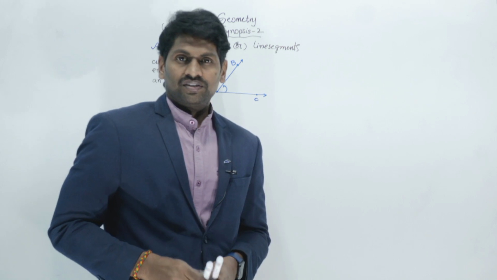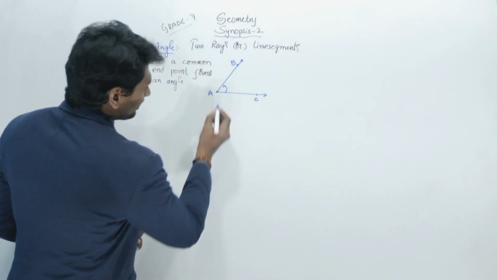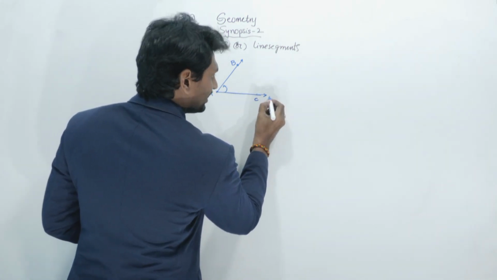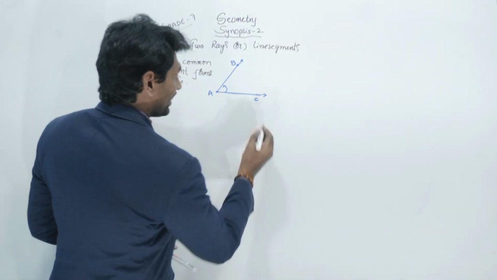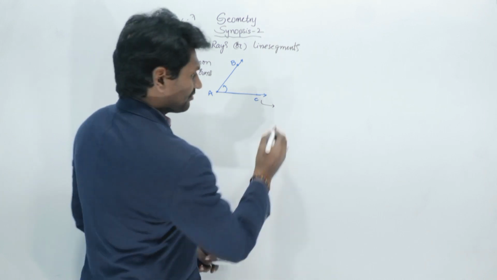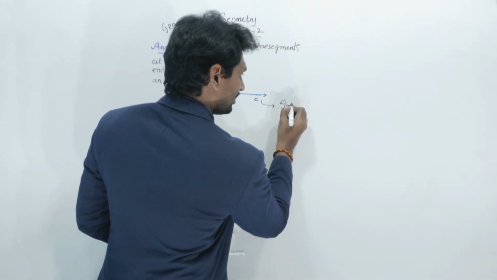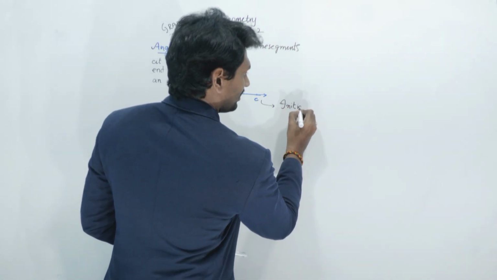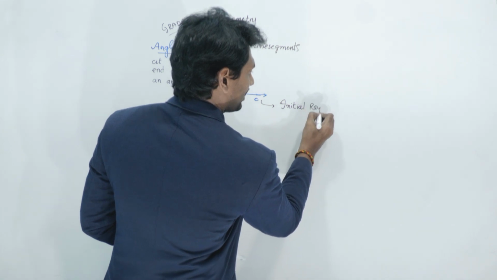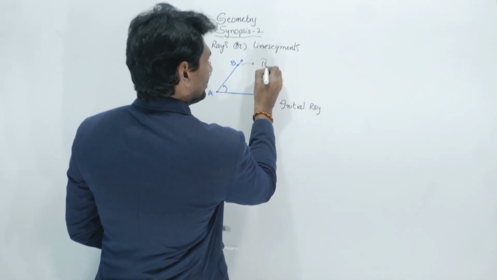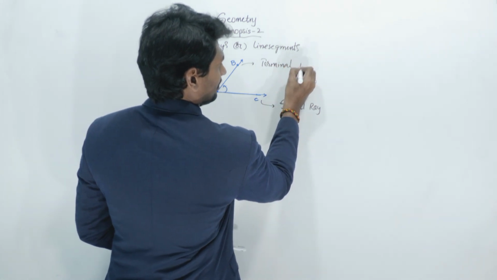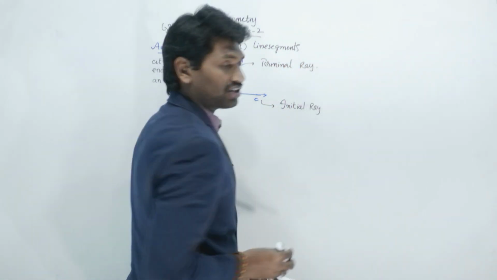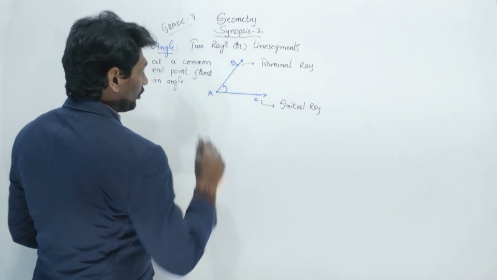Here AC is called the initial ray and AB is called the terminal ray. Here the angle is formed.